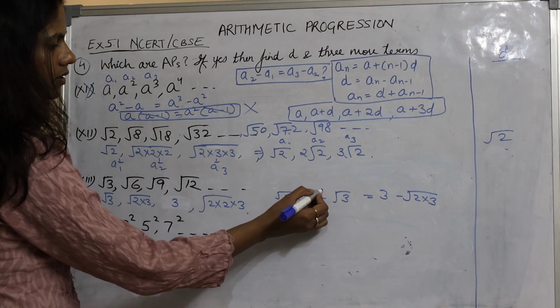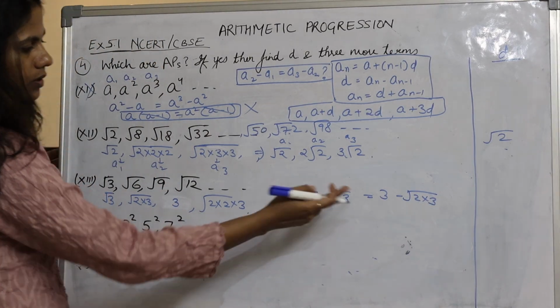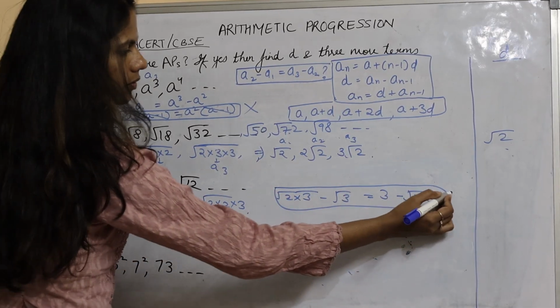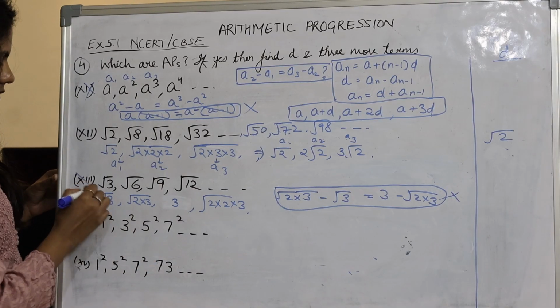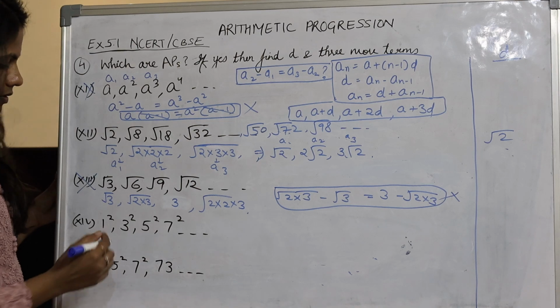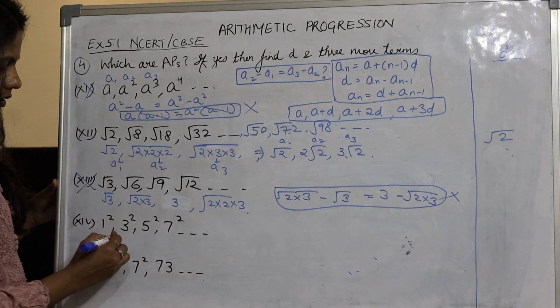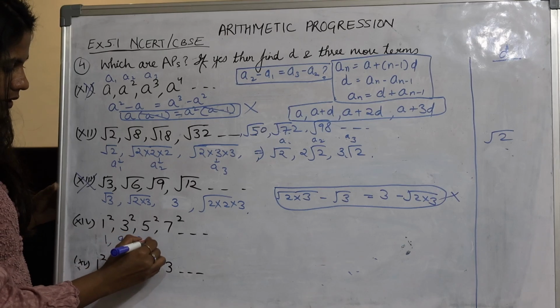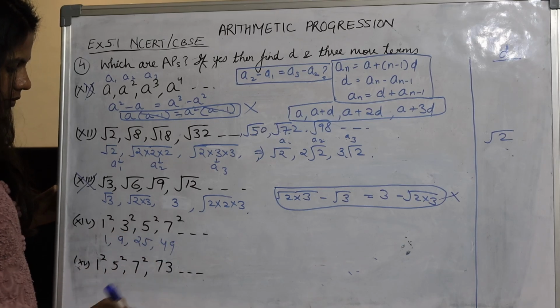So if you see, do you think these both are equal? These both are not equal. So this is not an AP. Now for the next one, let's simplify it. So 1 square is 1, 3 square is 3 3 is 9, 5 square is 25, 7 7 is 49.